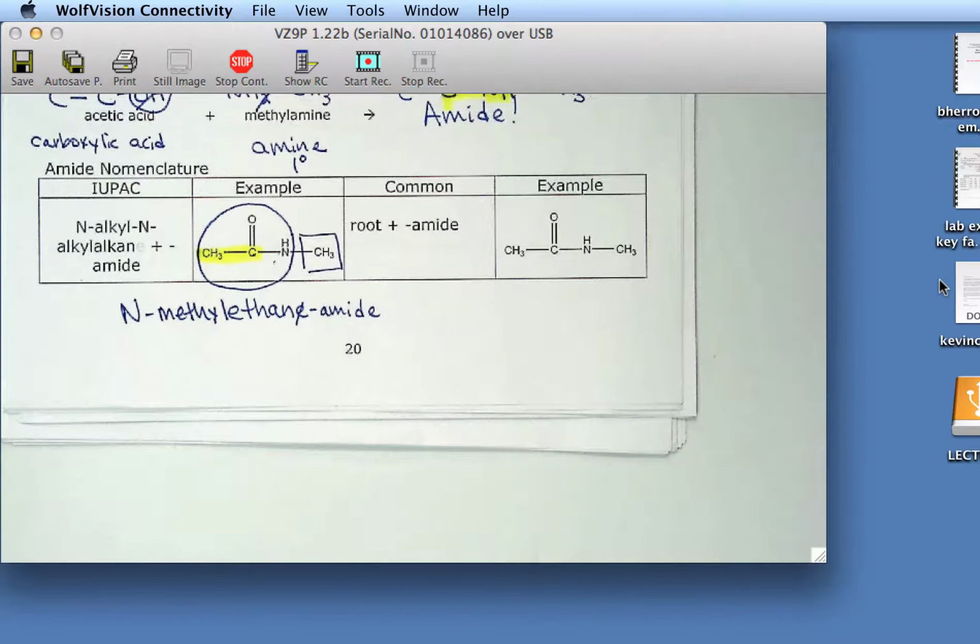We know how to name esters, and we know how to name amines, and really amides are just those two names put together. So N-methylethanamide would be the name. The N is kind of like a number, in a sense. Exactly. When you see N, that just means it's coming off the nitrogen.